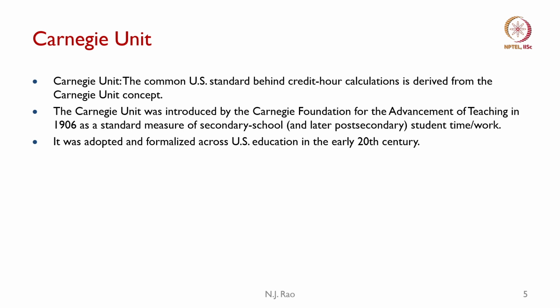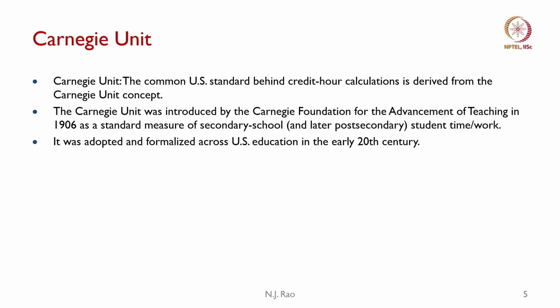Carnegie Unit was introduced by the Carnegie Foundation for the Advancement of Teaching in 1906 as a standard measure of secondary school and later post-secondary student time and work. How much work should a student put in? That is what this measurement indicates.